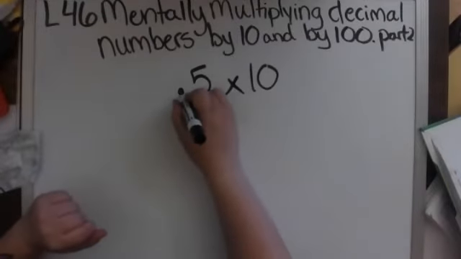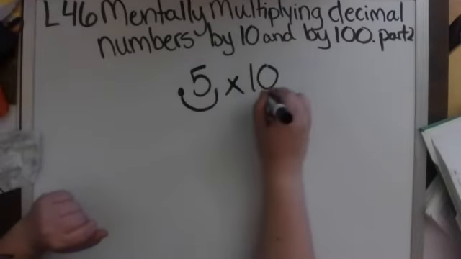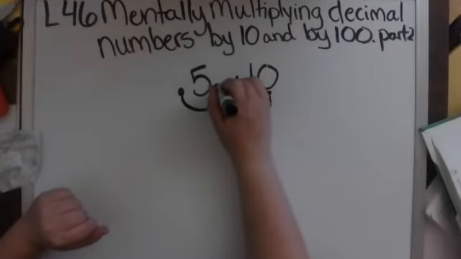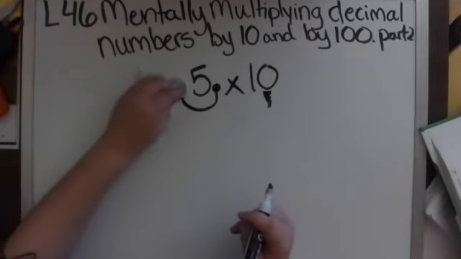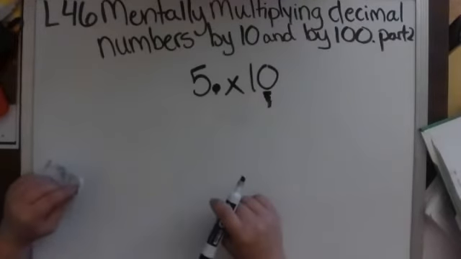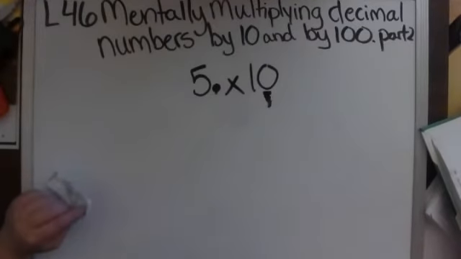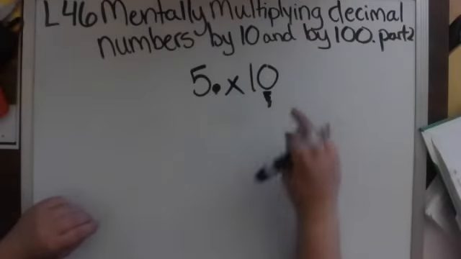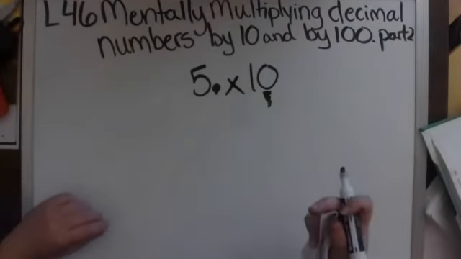All you're doing is moving that decimal place over one space because there is 1 zero. The new decimal place is here. You erase the old one. You now have 5. So that's what you need to think about mentally: how many places do I move the decimal? If I move it that many places, what's my new number?